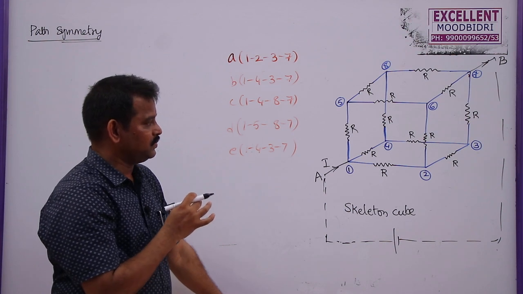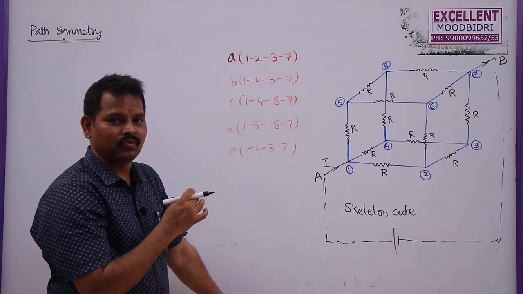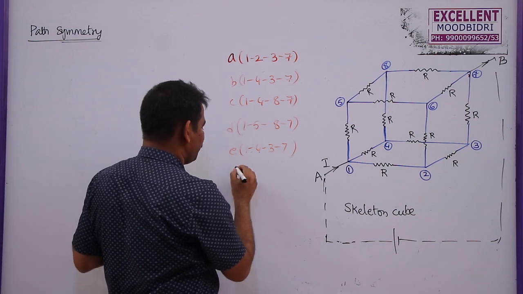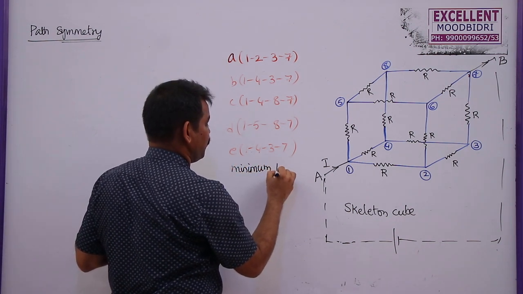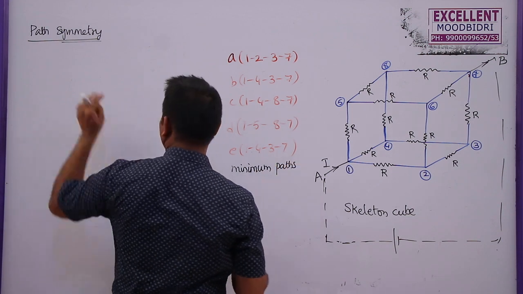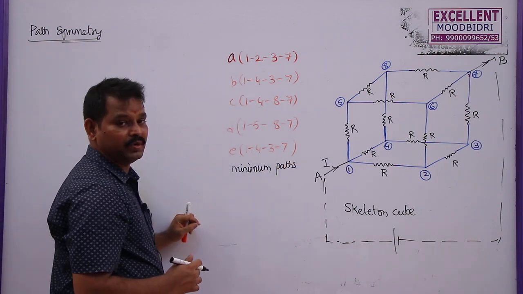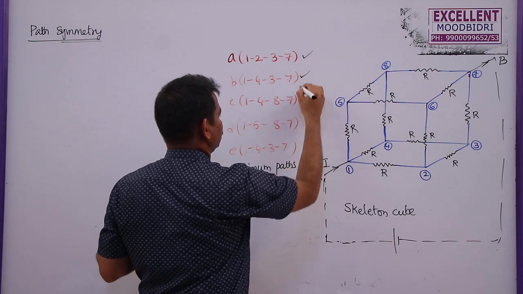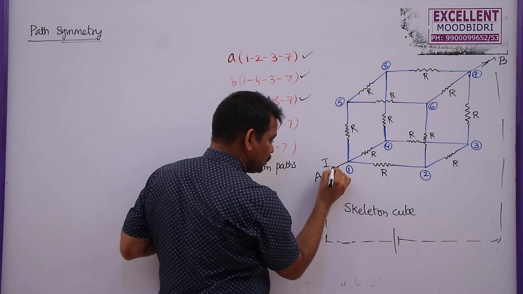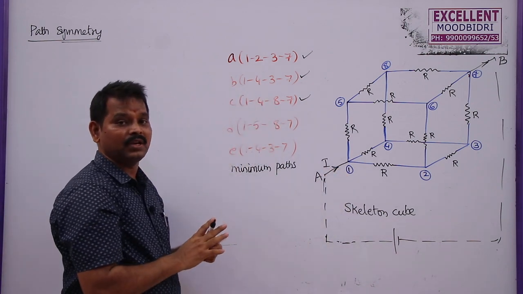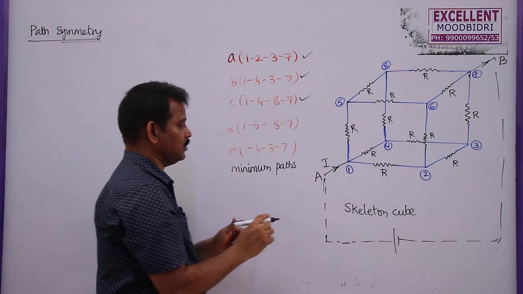While solving this type of problem, always try to take the minimum paths. Minimum paths are always symmetrical. So what are those minimum paths? 1, 2, 3, 7 and 1, 4, 3, 7. So only 3 branches. That's why this current I can be divided into 3 different parts.